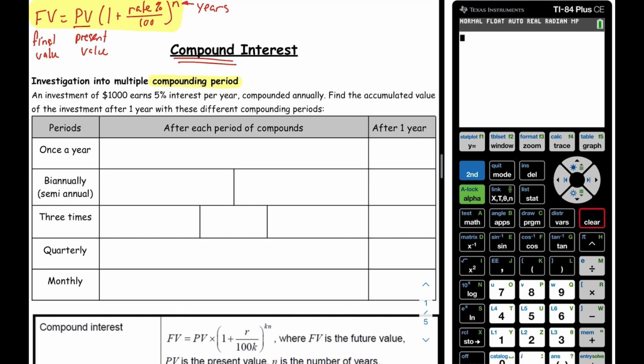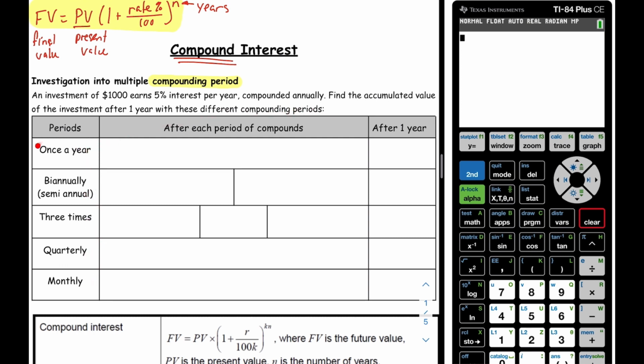If we have an investment, which is going to be $1,000, and it's going to earn a 5% interest rate per year, and we're going to start by compounding it annually, we're going to find the accumulated value of the investment after 1 year for each of our different compounding periods that we see in the table below.